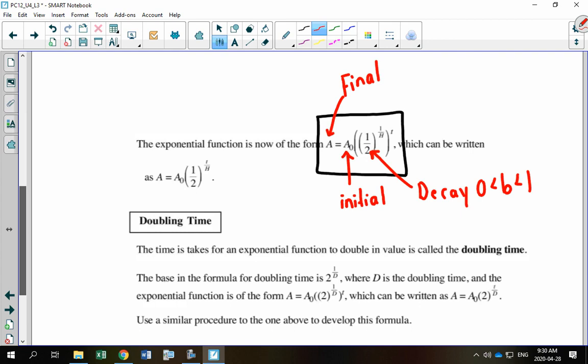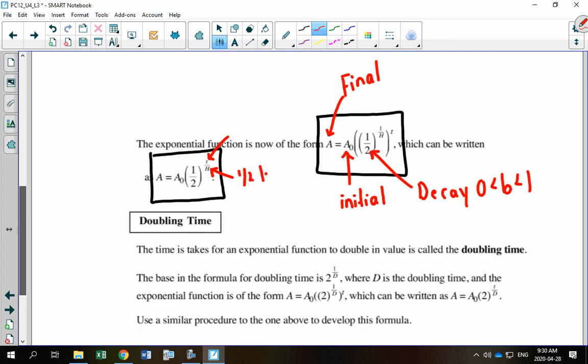Then for your exponents, it's 1 over h and then t. Actually, we should probably be looking at it over here. Okay, so they just simplified it here. So again, initial, final, half-life, and then time, and then h on the bottom is half-life.